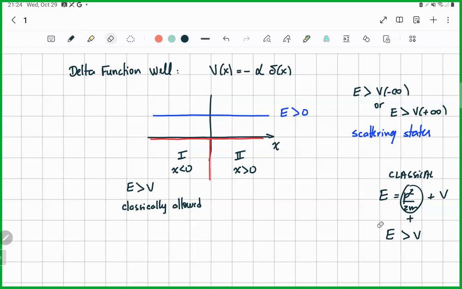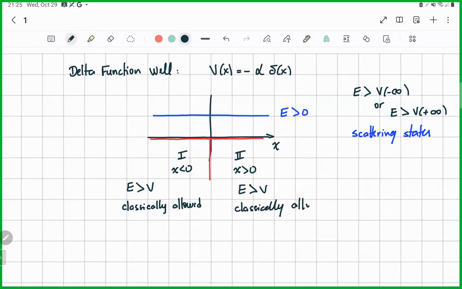All right. So coming back to our quantum problem. Same story for the region 2. The energy is larger than the potential, so this region is classically allowed. What do we expect in classically allowed regions? We know the solution will be sinusoidal functions.